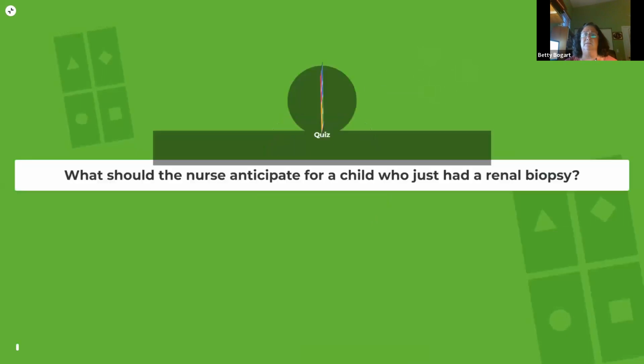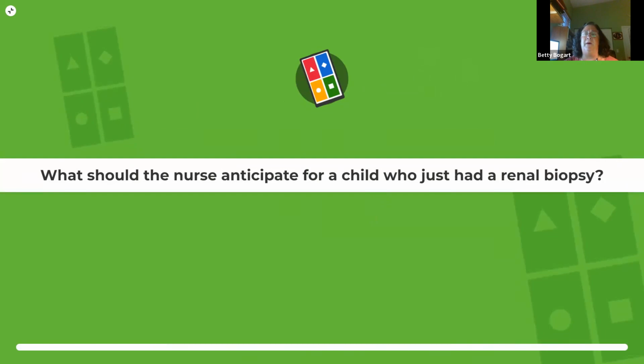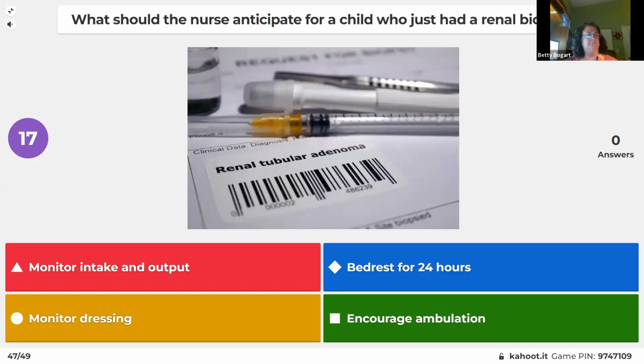A multi-select. What should the nurse anticipate for a child who just had a renal biopsy? I think renal biopsy is almost the same thing as a cardiac cath post-procedure.